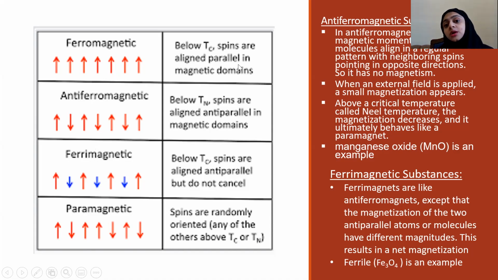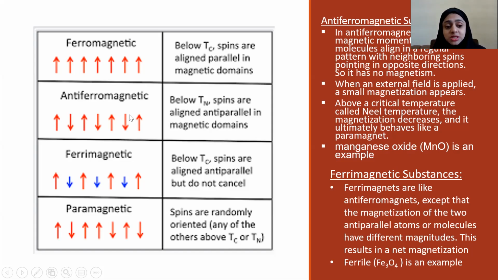You need not learn in detail about antiferromagnetic and ferrimagnetic substances. Of course, you can remember one example for an antiferromagnetic substance, which is manganese oxide, and an example for a ferrimagnetic substance, that is ferrite. But just remember that in antiferromagnetic substances, the dipole moments are arranged anti-parallel.